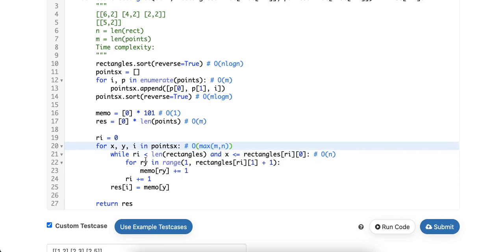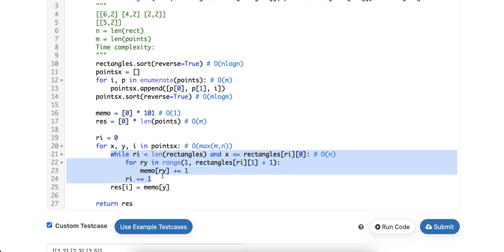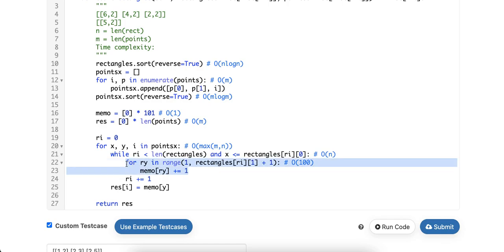Okay, that's what's going to happen here. This one actually, we can say big O1, because at most we know that the Y can only be 100, right? So this is kind of big O1 if you want to think about it. So this can become 100n.